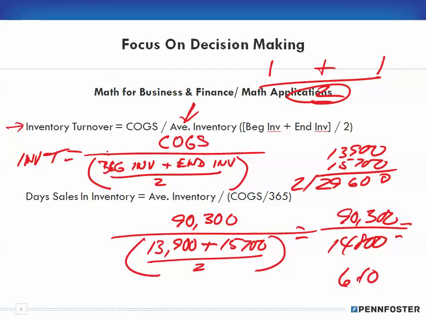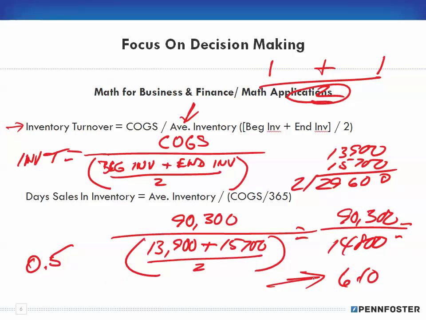The whole idea behind this inventory turnover is, we discussed this a little bit earlier in one of the other videos, in the last chapter, that having just one number doesn't really do you much. Yeah, having an inventory turnover of 6.1, it's good. You're turning your inventory over, because if you had an inventory turnover of 0.5, you're not selling anything.